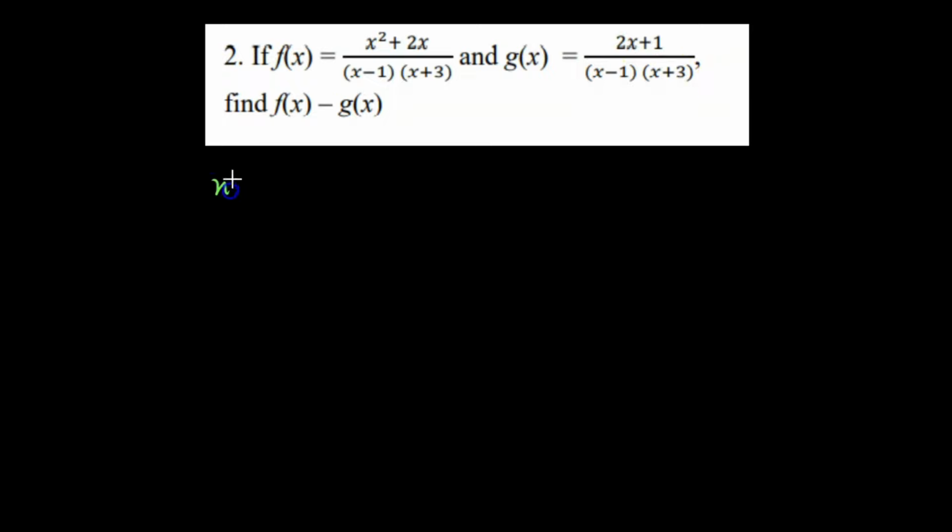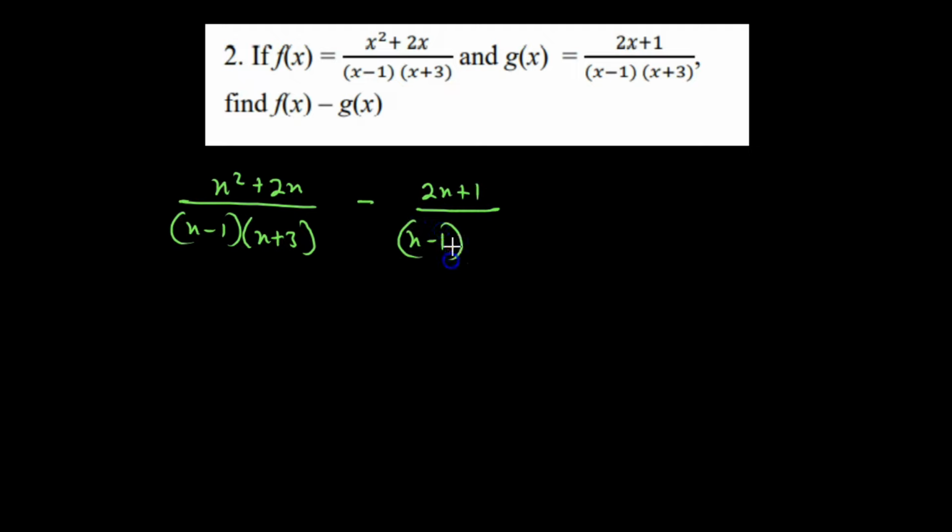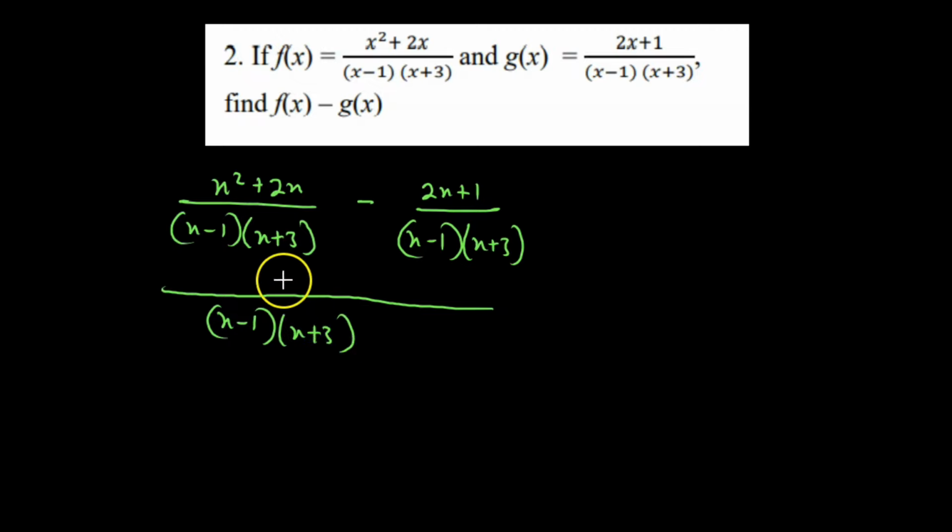So having x squared plus 2x all on x minus 1 multiplying x plus 3, subtracting the next function, g of x, 2x plus 1 all on x minus 1 multiplying x plus 3. In this case, they have a common LCM, so the LCM is x minus 1 multiplying x plus 3.